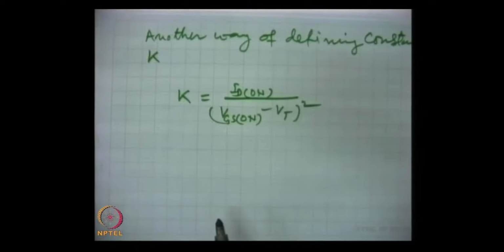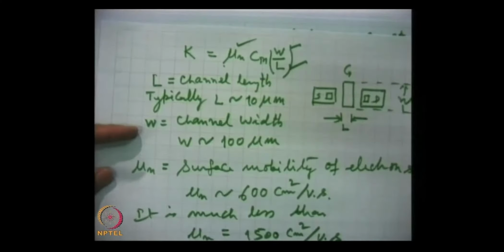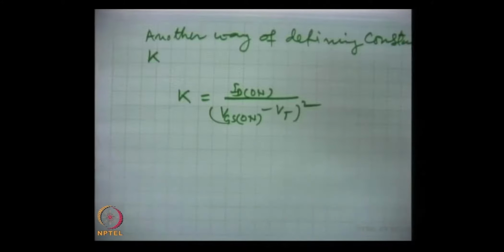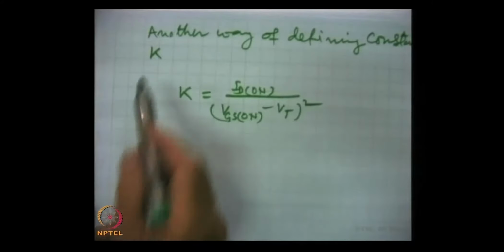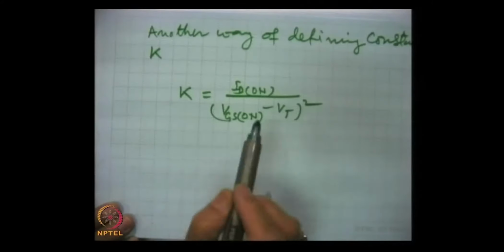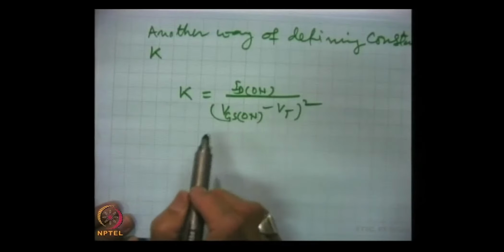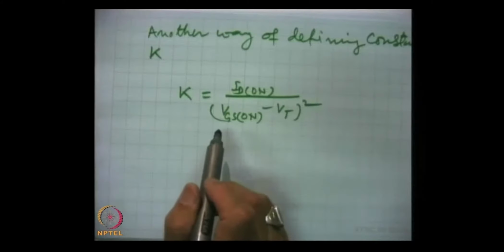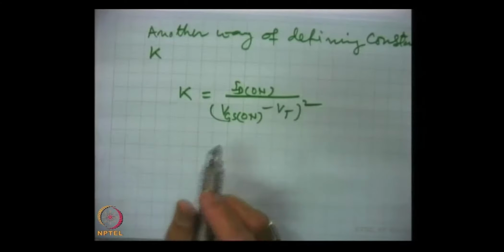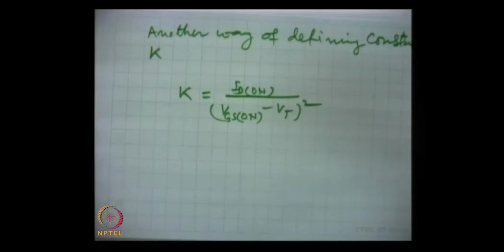If we use the earlier expression, we should know the geometry of the device completely, and in the absence of that, we can use this expression for the constant K, where the parameters can be determined from the drain characteristics.